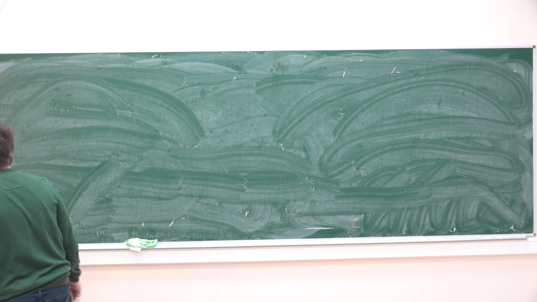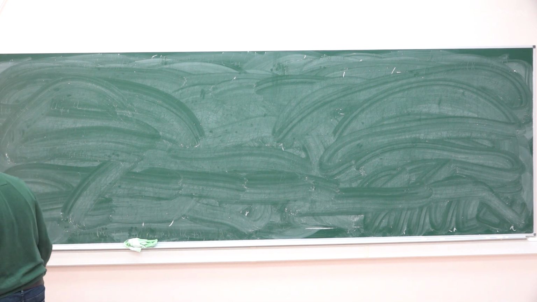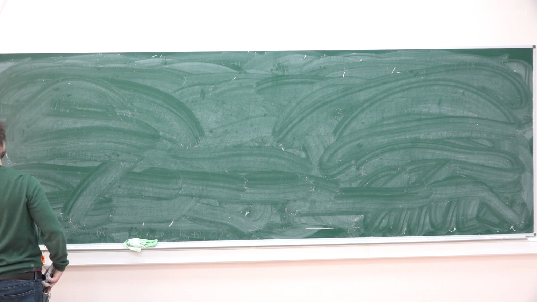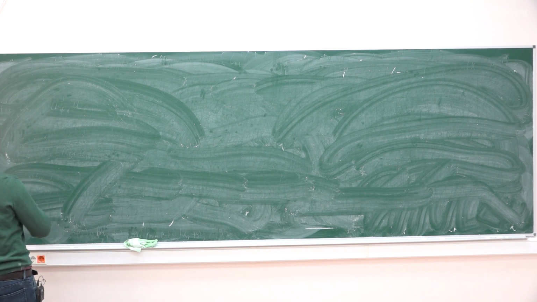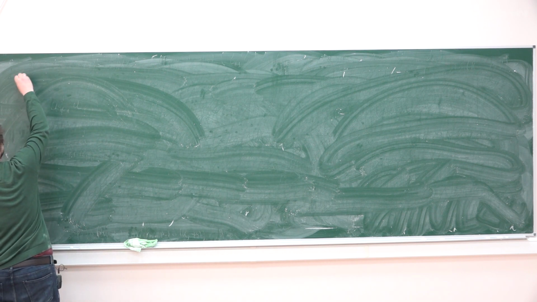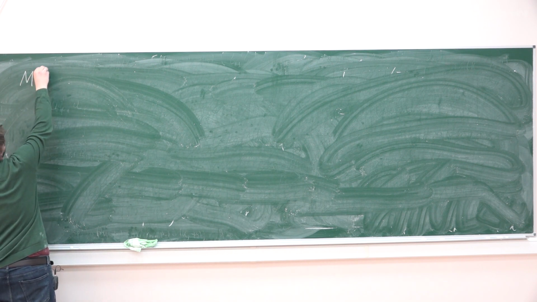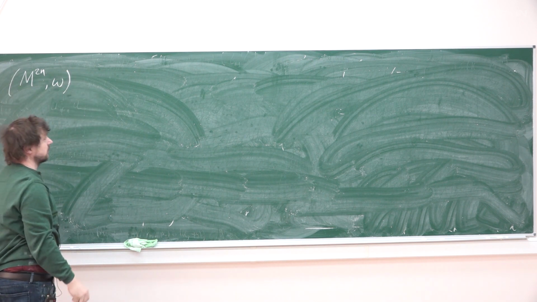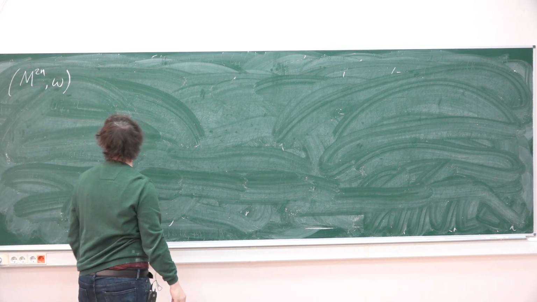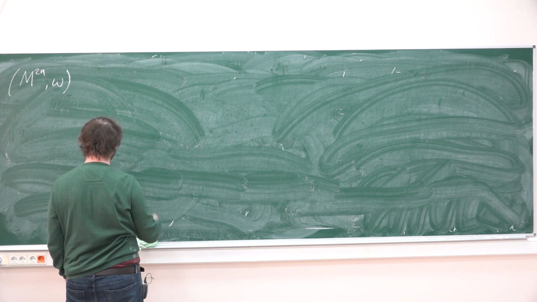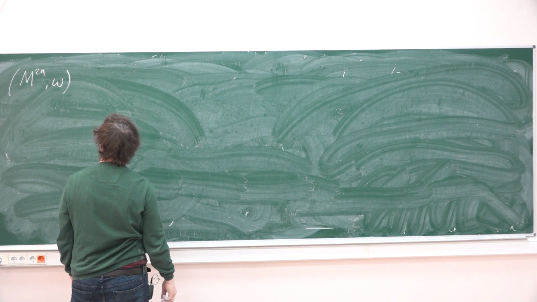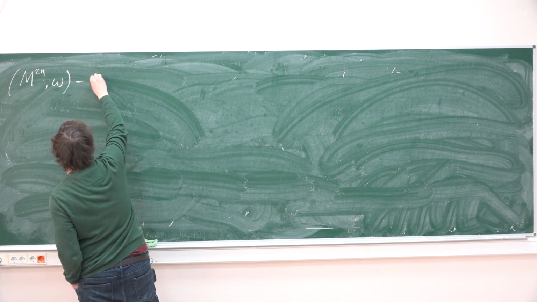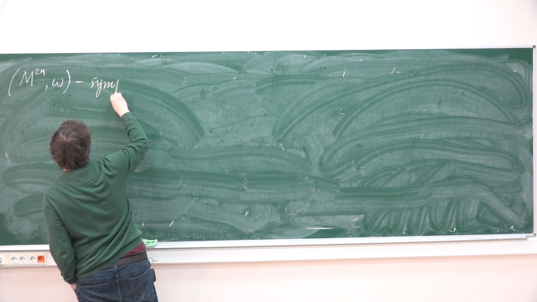So I suppose I have a symplectic structure on a manifold M of dimension 2n. I'll denote it like this. So first of all, I will speak about symplectic manifolds.